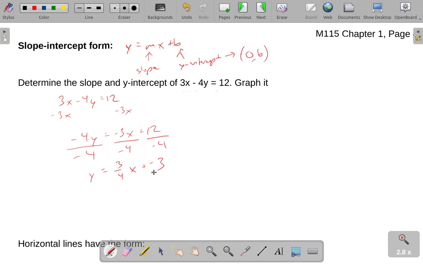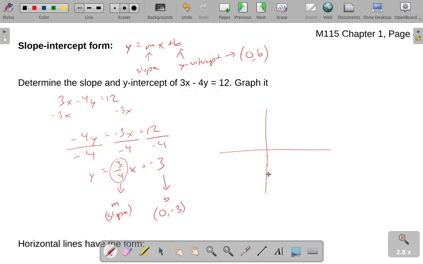So what I've done here is I've solved for y. Not only did I solve for y, I also broke this other side up so that we have some number times x and then some constant. This some number times x, this is our slope. And this right here is our y-intercept. It's the point 0, comma, negative 3. So if I was to graph this, it's actually pretty easy now.